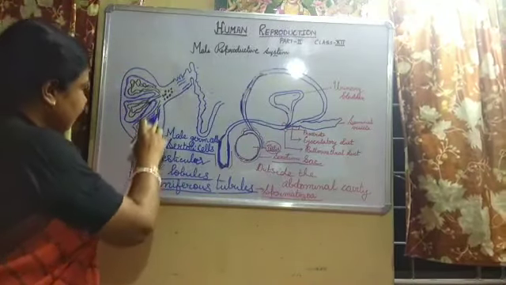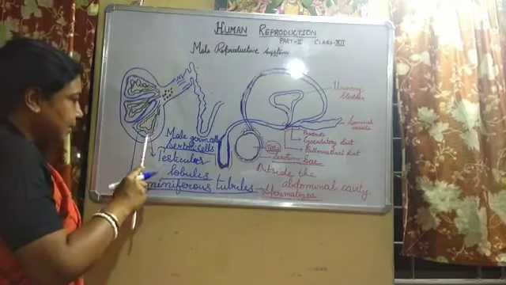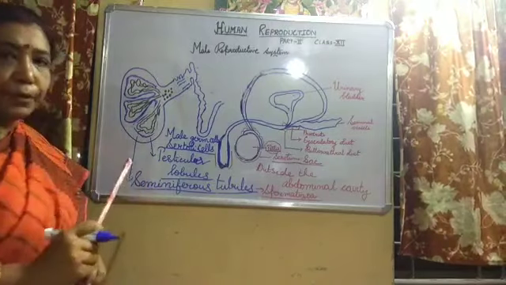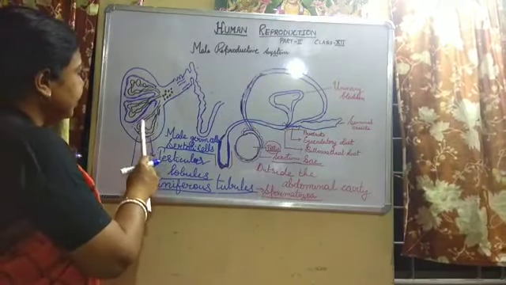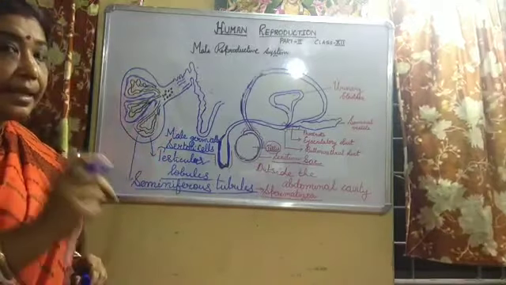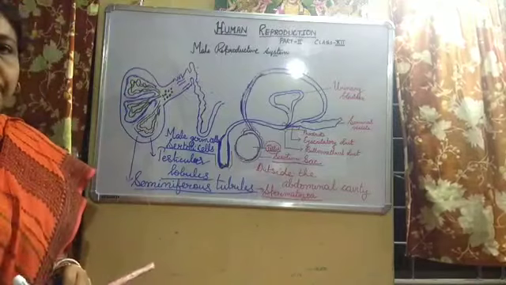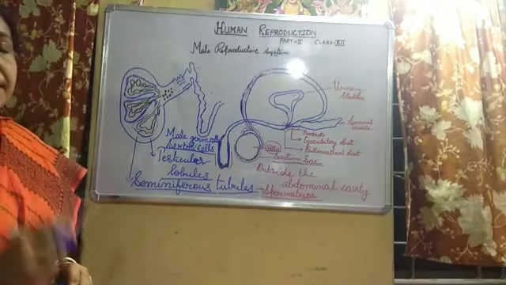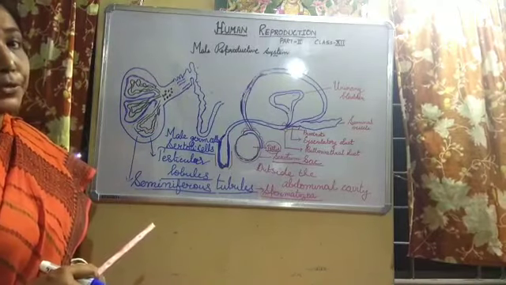Inside them, you will find 2 to 3 coiled structures known as seminiferous tubules, the site where the spermatozoa are produced.